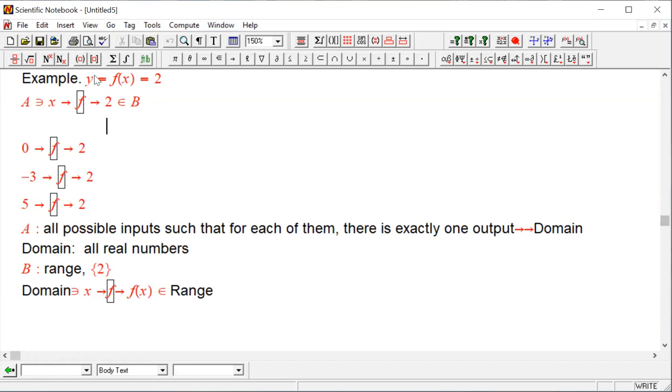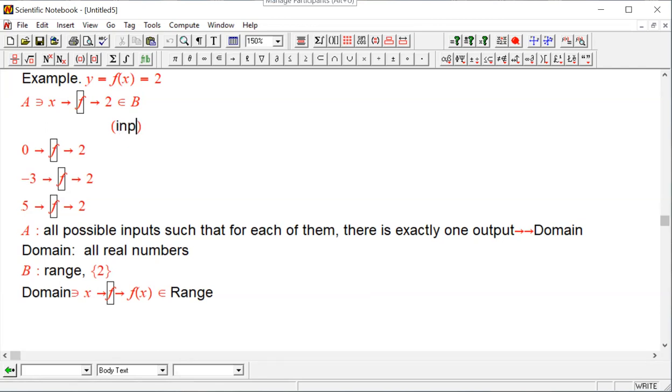We put the input and output together in an ordered pair, input, output, right? So for each input and its respective output, for the input 0, the output is 2.